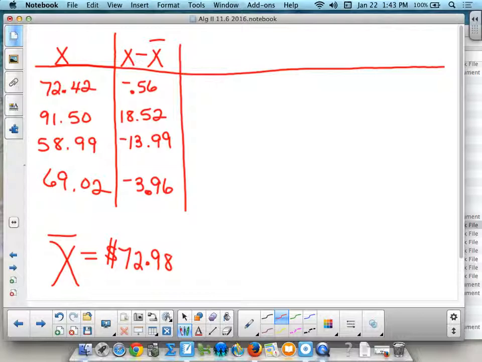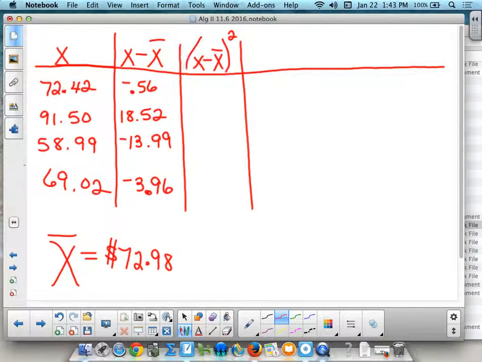Now compare your numbers to my numbers. Did you get these numbers? Good. Three of them were negative, one was positive. That doesn't really matter because in the next column we're going to square them, and when you square negatives, you get positives.